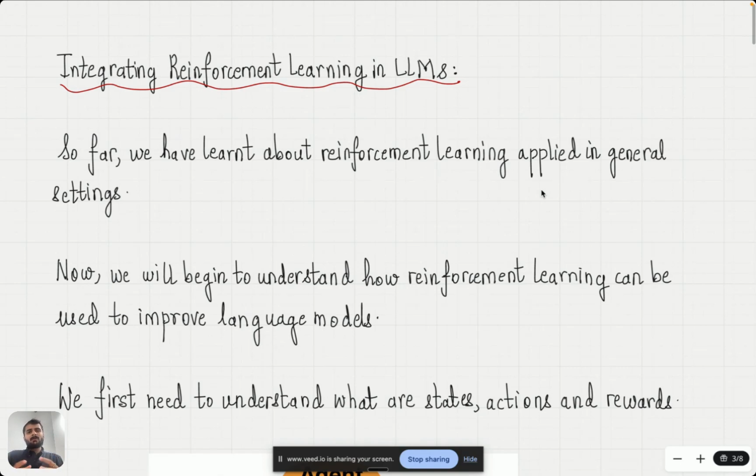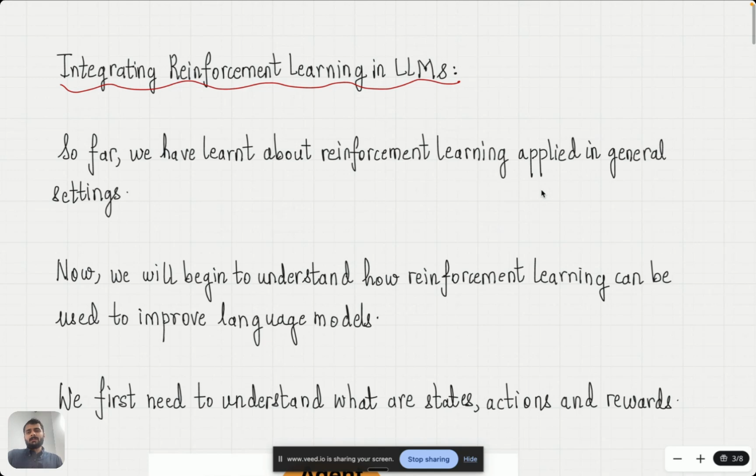Now we have come to a transition point in our course. Up until now we were talking about reinforcement learning as a general method. Now we are going to understand how to apply that method to large language models.